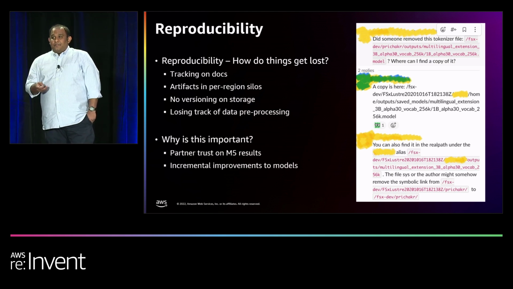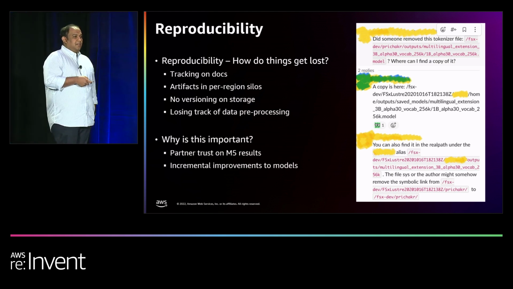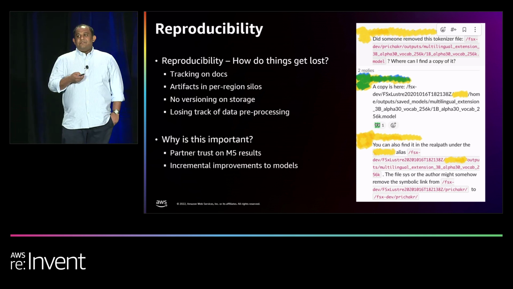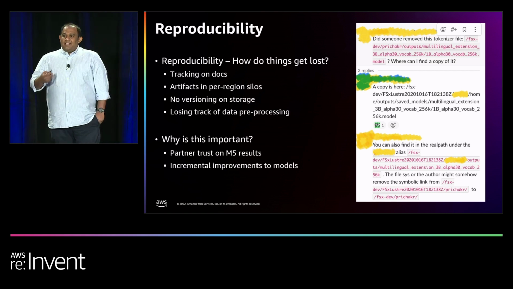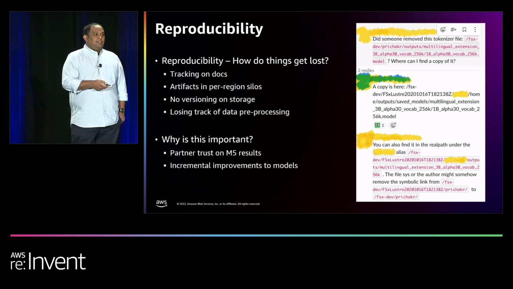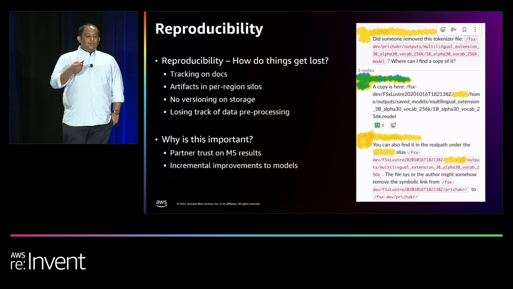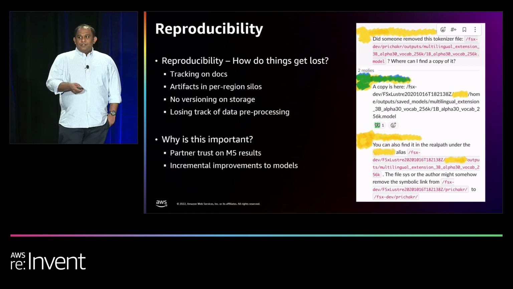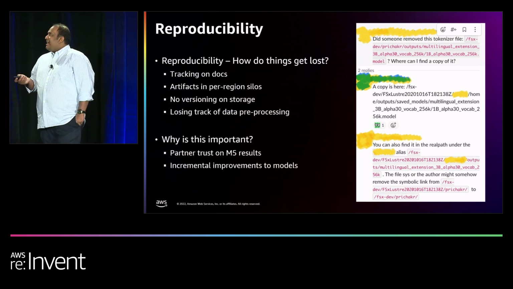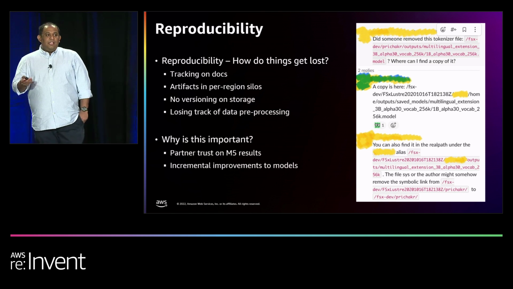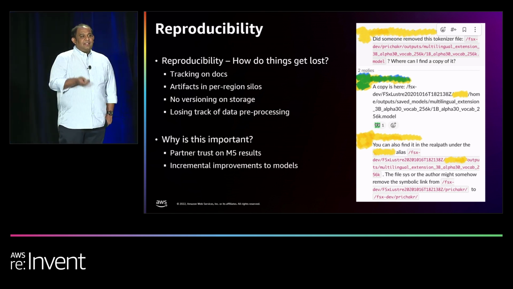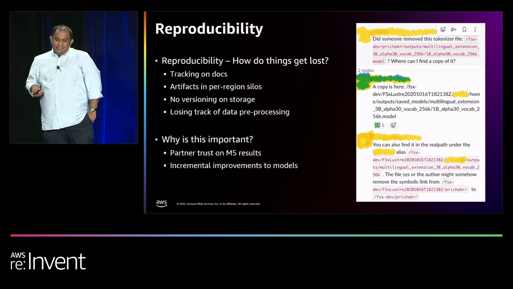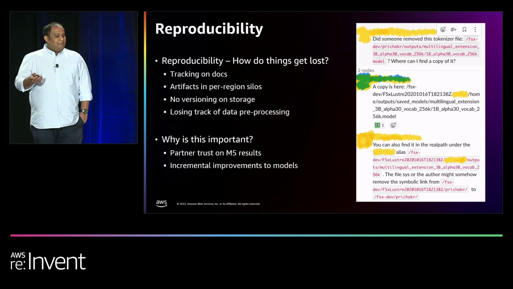The model artifacts, which are the most expensive stuff, your model that is sitting on your network file system in a region, are not getting replicated to the other regions. And because we were using the initial network file system, there was no versioning on the storage. So somebody will accidentally delete a file, or move a file to a different location, and then let others know. This is actually a conversation which we had in our developers' Slack channel.